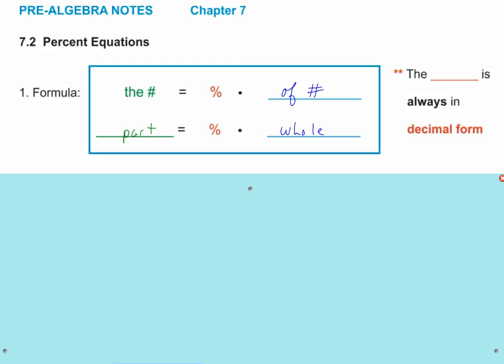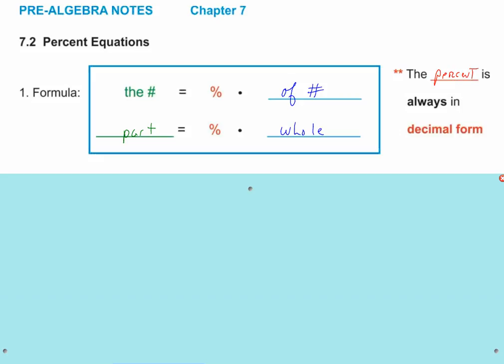Now, you'll hear me say this until you no longer have me as a math teacher. Whenever you have an equation that involves a percent, the percent is always in decimal form in the equation. The percent is always in decimal form.